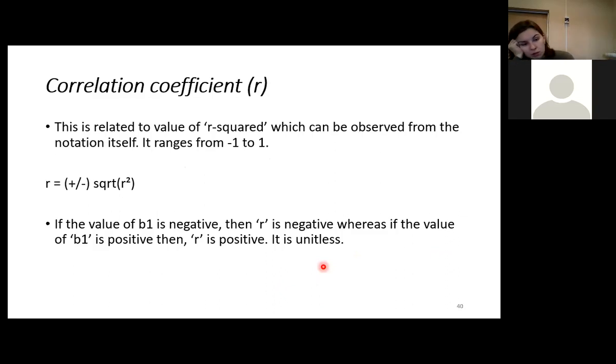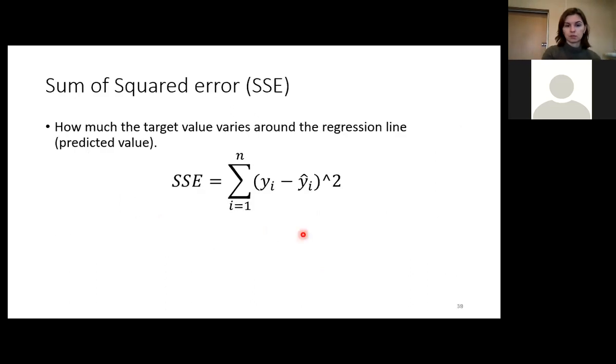This is related to the value of R-squared, as can be observed from the notation. It ranges from -1 to 1. And as for correlation, when the value of B1 is negative, then the correlation will be negative. So it's also the square root of R-squared. That's all for linear regression.